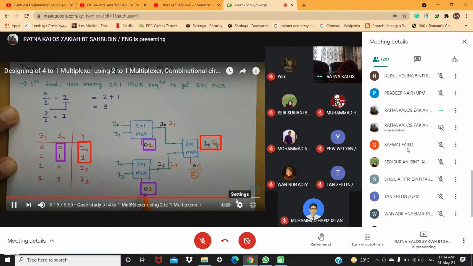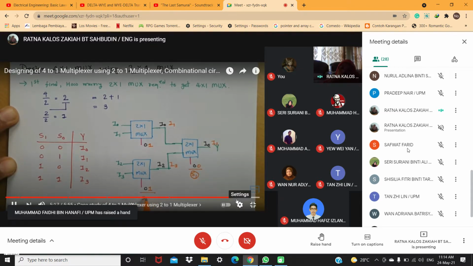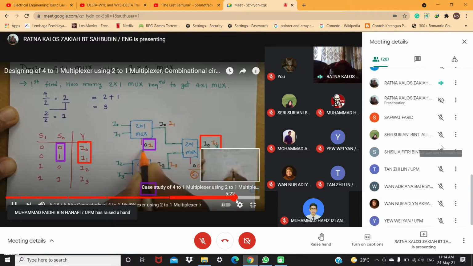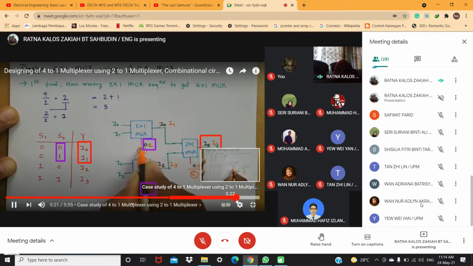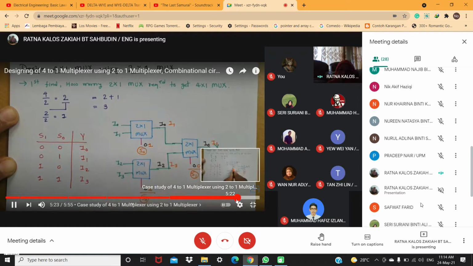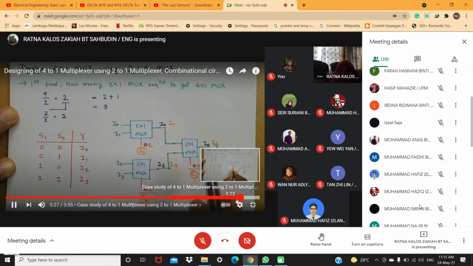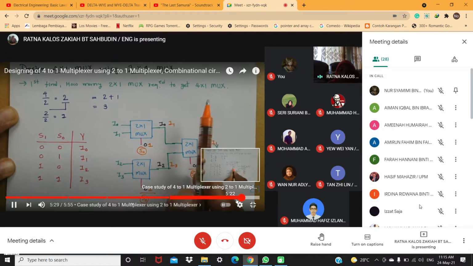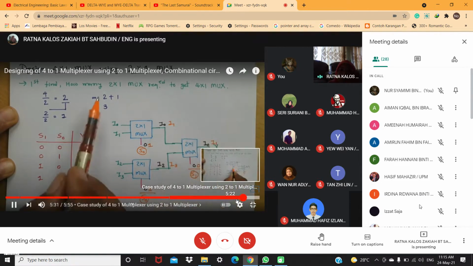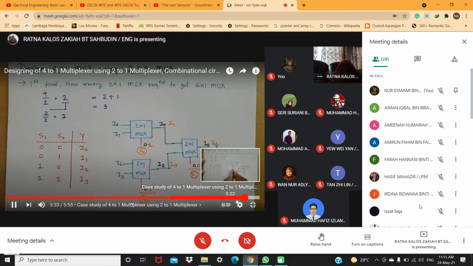So here we have the S0 terminal, the selection line. This is how this mux tree can be used to make a 4x1 multiplexer using 2x1 multiplexers.